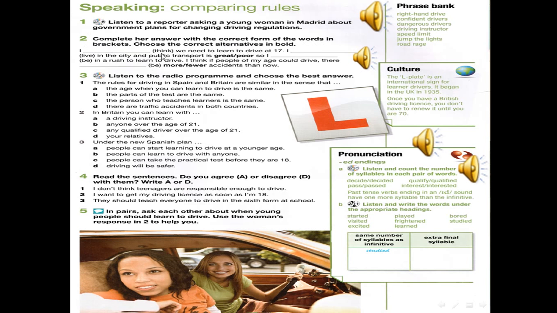You find them in brackets and from the CD itself. Choose the correct alternatives in bold. Sometimes you choose between this or this. So we listen and we complete the woman's answers. Listen.